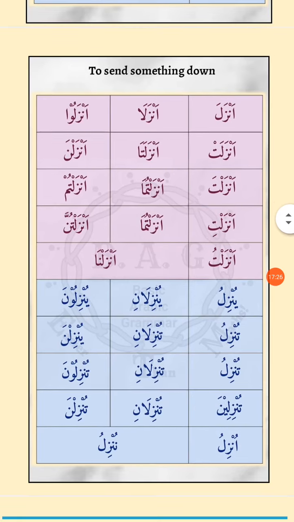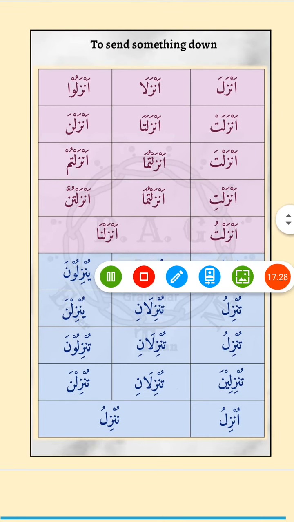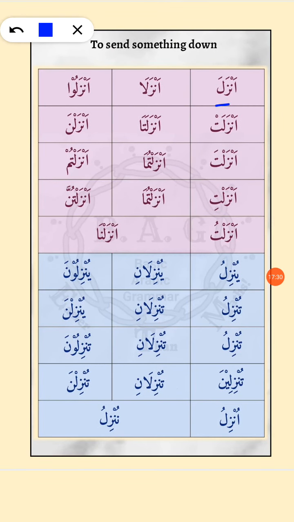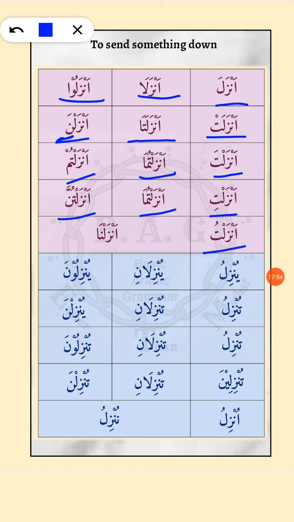All right, so this was anzala, he sent down. Then anzala, anzalu, anzalat, she sent something down. Anzalata, anzalna with a short na. Then anzalta, anzaltuma, anzaltum, anzalti, anzaltuma, anzaltuna, anzaltu, I sent down, anzalna, we sent down.